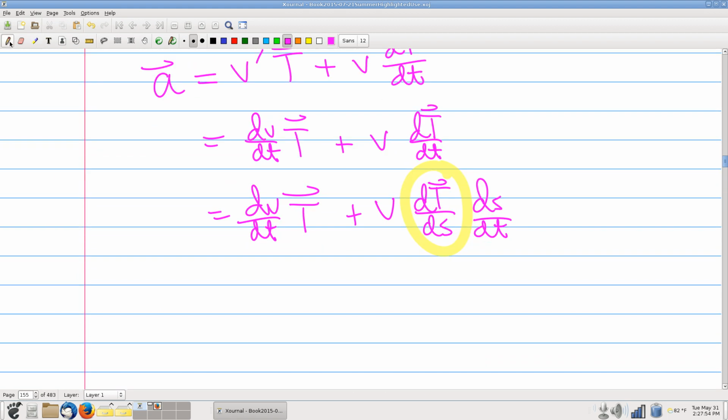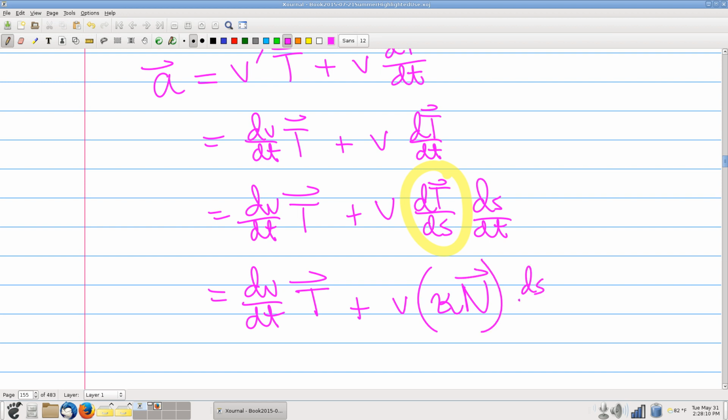Okay, and that then gives me, let's see here, v kappa times capital N ds dt. Oh, now let's interpret for a moment here. What is ds dt? Well, ds dt, this is just v. That ds dt is how much distance per unit time. That's just speed. That's the magnitude of your velocity vector.